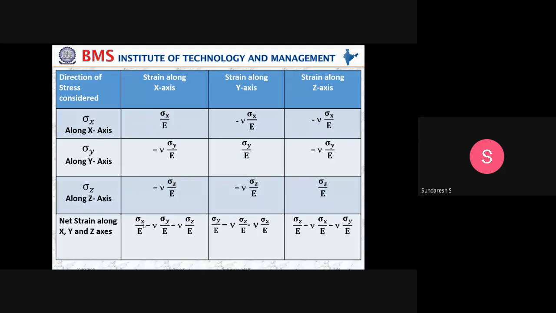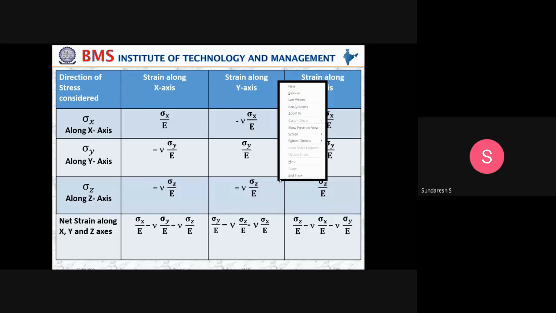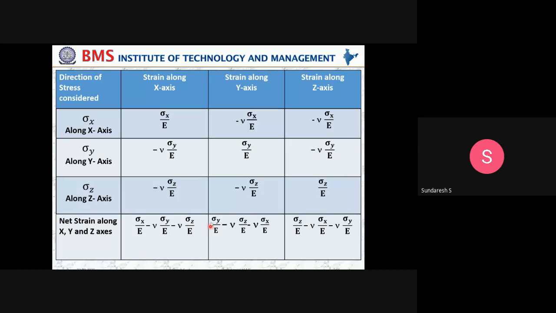So epsilon x is sigma x by E minus nu into sigma y by E minus nu into sigma z by E. This is the net strain expression along the x direction. In a similar way, we have the expression for the y direction, and along the z direction this is the expression we have.